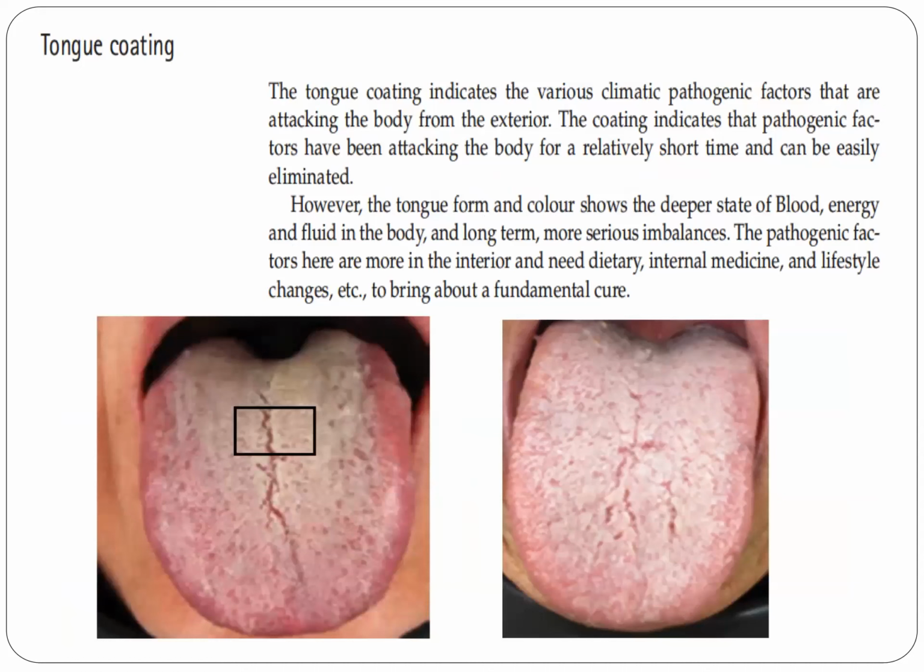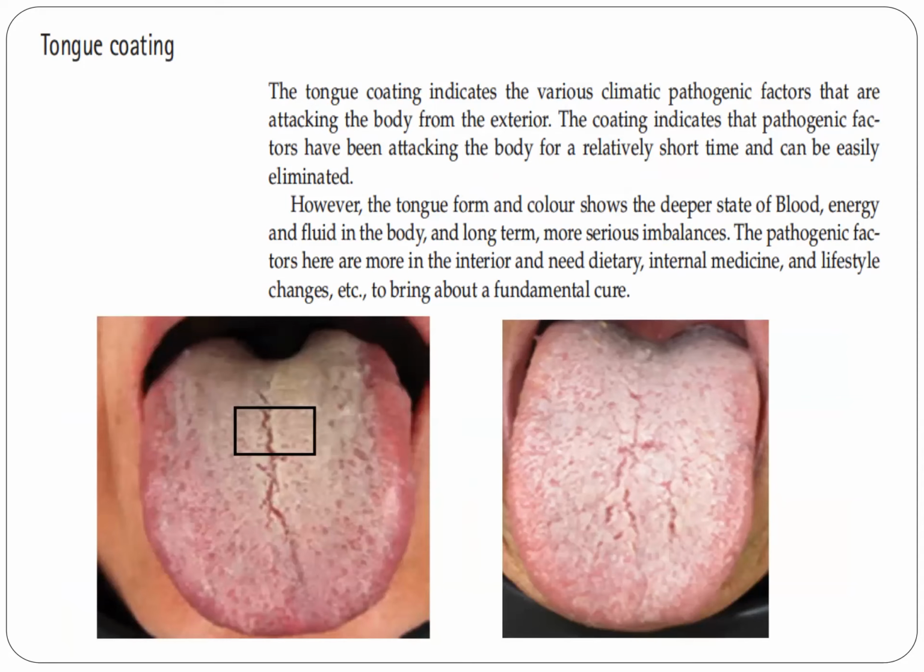Next is tongue coating. The tongue coating indicates the various climatic pathogenic factors that are attacking the body from the exterior. The coating indicates that pathogenic factors have been attacking the body for a relatively short time and can be easily eliminated.